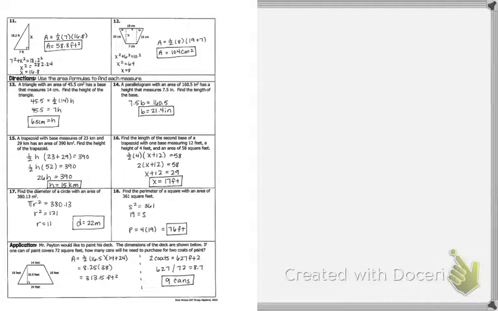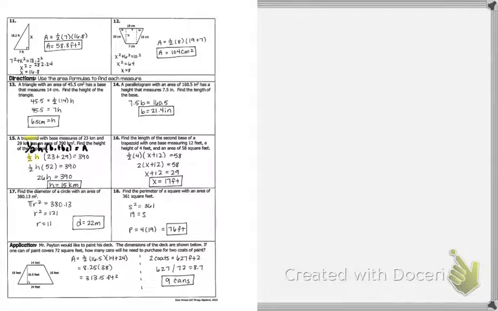So if I jump over to 15, here we're talking about a trapezoid. We're looking at area is equal to, let's see if I can do it here, base 1 plus base 2 times the height times 1/2. Everything gets substituted, so this stays 1/2, this stays the height.